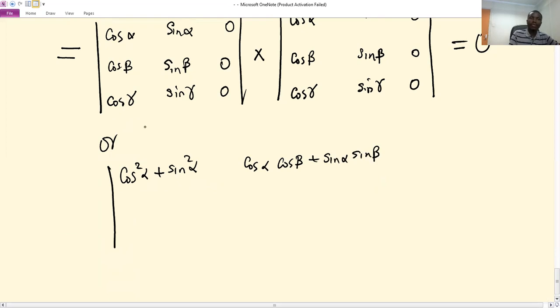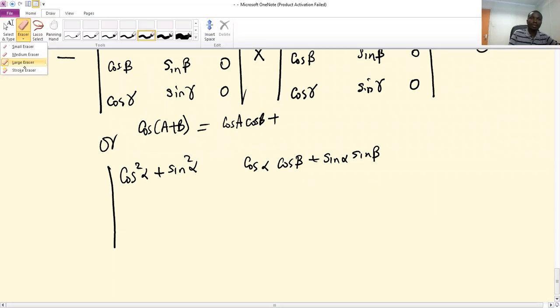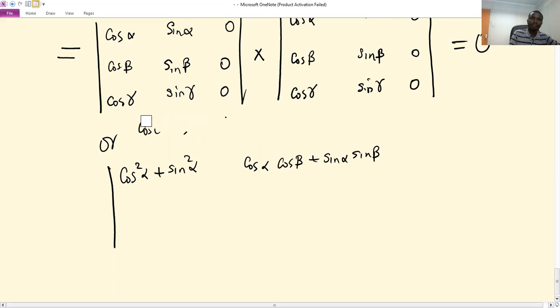Remember, we are using the result that cosine of A minus B is cosine A cosine B plus sine A sine B. So I'm just writing the expressions given in expanded form.